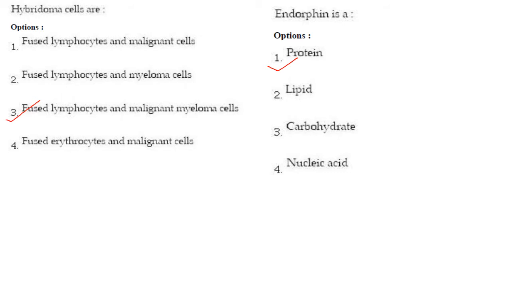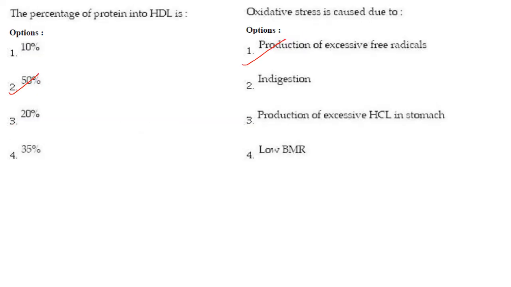Next one, endorphin is a option 1 protein, 2 lipid, 3 carbohydrate, 4 nucleic acid. Answer is option 1 protein. Next one, the percentage of protein in HDL is option 1 10%, 2 50%, 3 20%, 4 35%. Answer is option 2 50%.